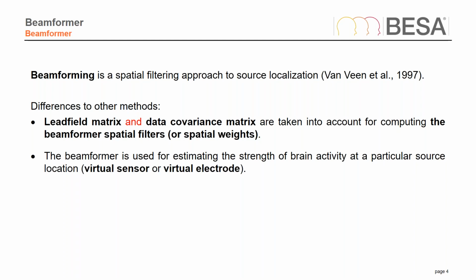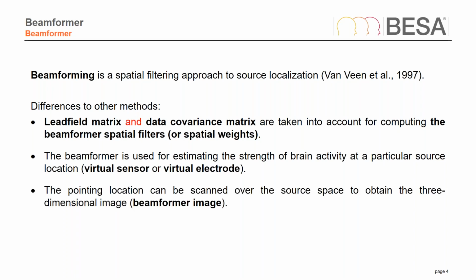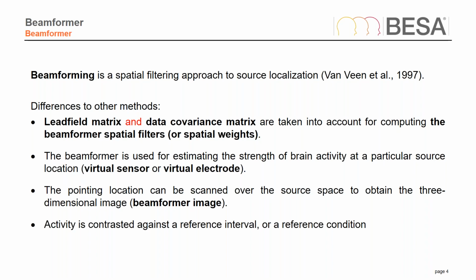We are always looking at one particular location in the brain for which we estimate an activity. This is our virtual sensor, and we can then scan this location over the source space. And finally, activity is contrasted against either a reference interval or a reference condition.